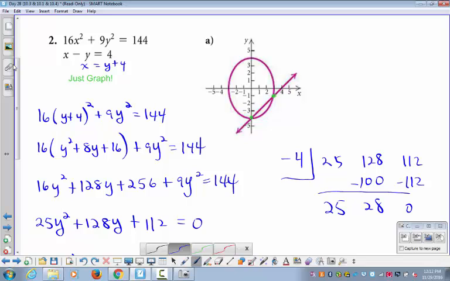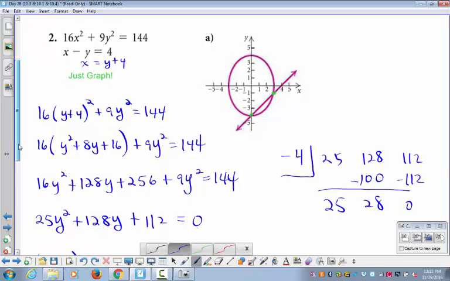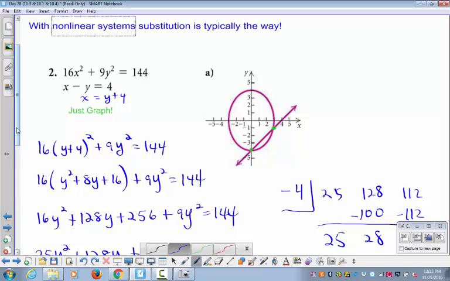No, it didn't matter. For nonlinear systems, it matters. The rule of thumb is to back substitute into the equation that gives you fewer answers. If I take this y value of -4 and plug it in right here, I get an x value of 0.